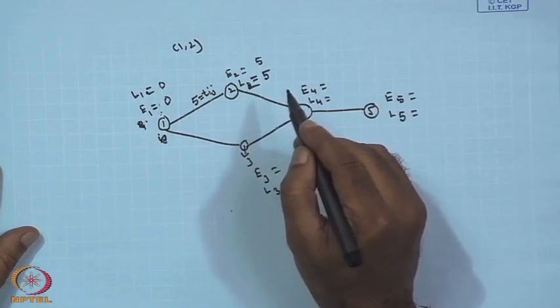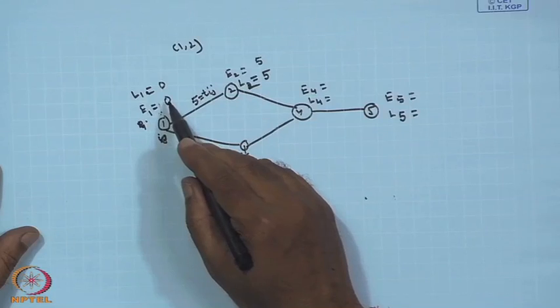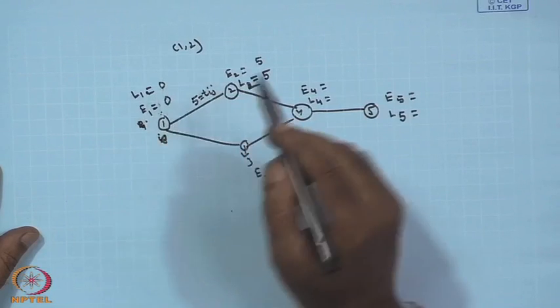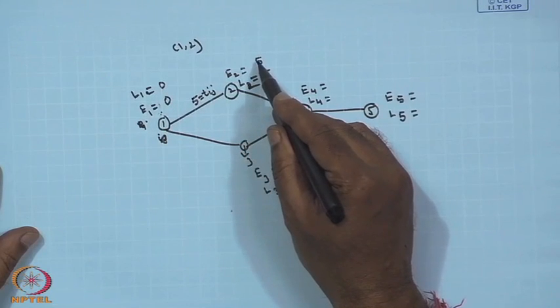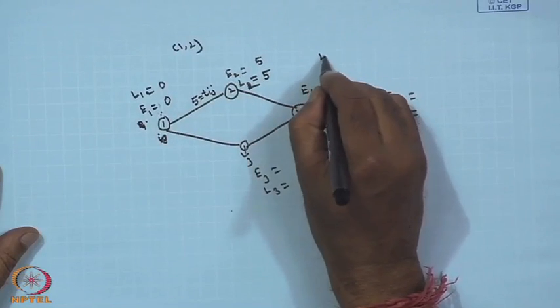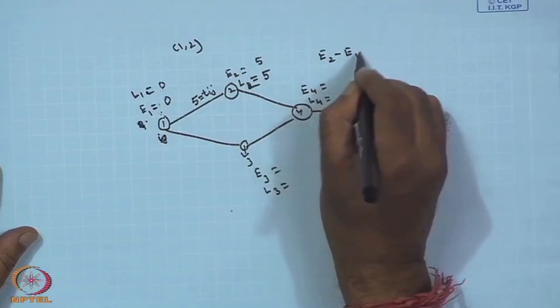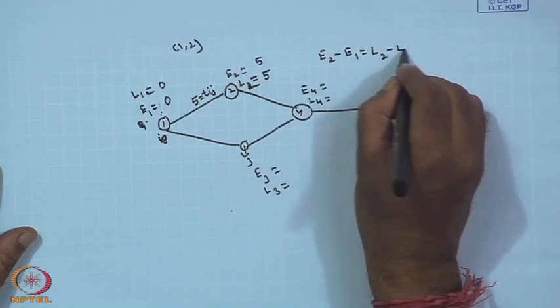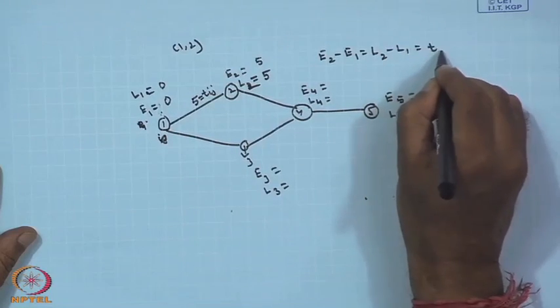So, I think it is clear. After calculation I will check whether the values of L1 and E1 are the same or not, L2 and E2 are the same or not, and the difference E2 minus E1 should be equal to L2 minus L1, and this should be equal to T12.